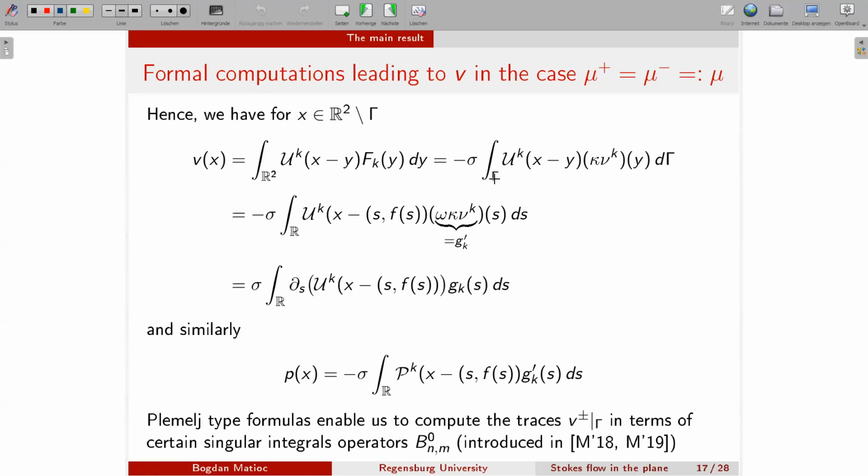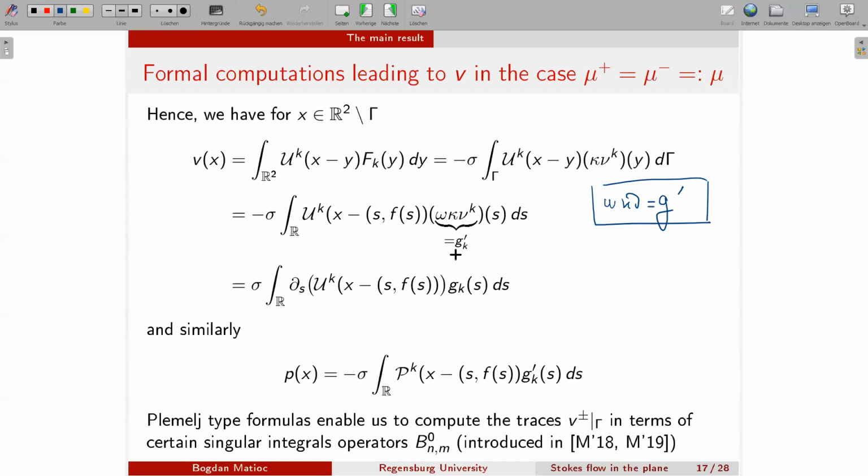If we write this equation in R, it appears now this term omega, yes? And omega_k nu, remember, this is G prime. And this is what we use now. So instead of omega_k nu_k, we have G_k prime.